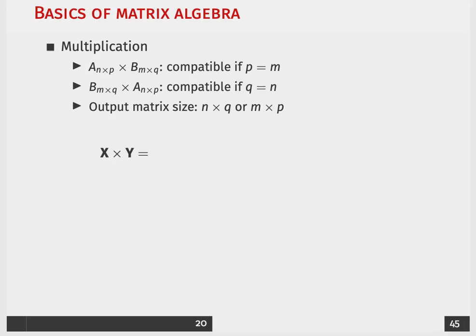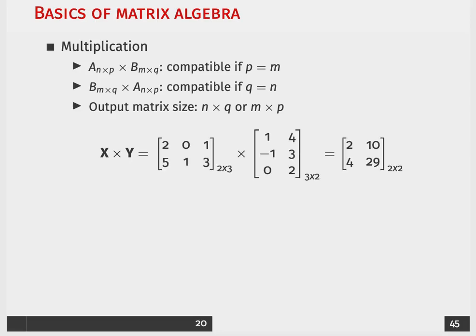We can briefly walk through an example where we have x times y, and x can be 2, 0, 1, 5, 1, 3, where we again have three columns. Y then is going to have three rows in order for us to do matrix multiplication. Once we do that, we can see that we're going to get a resulting matrix of, again, 2 by 2.